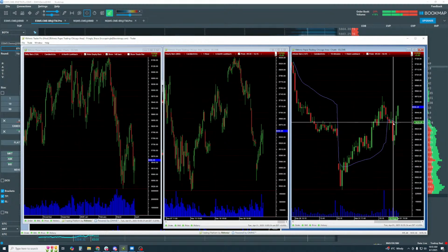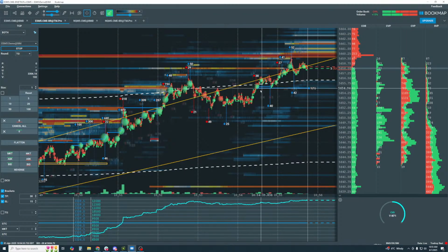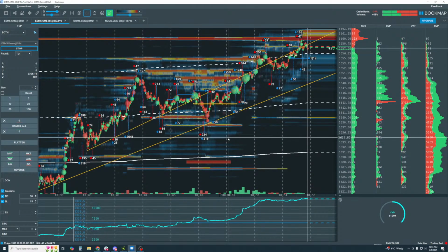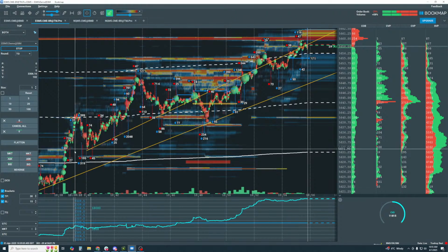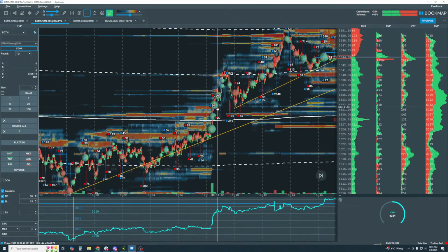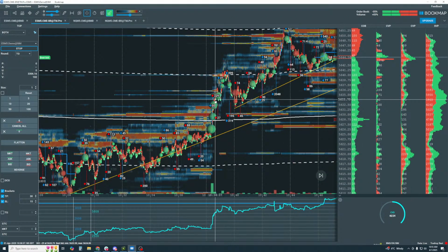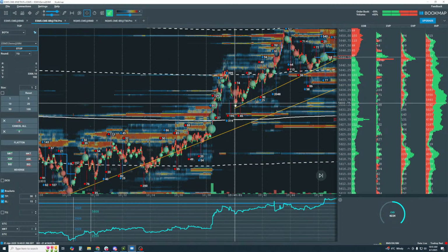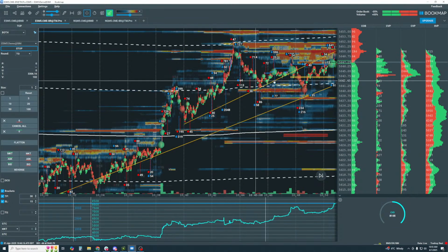Now, real big shift and change right here around this 32 to 34 area. In fact, retested the backside of it, held.